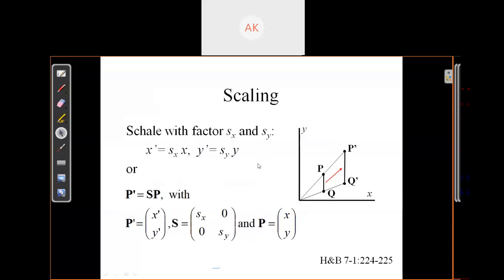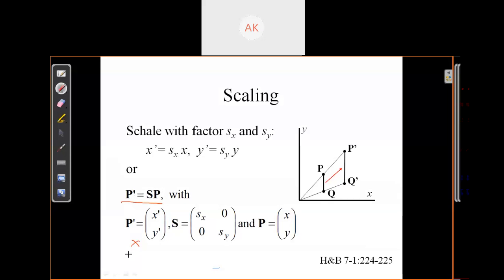So this equation we already discussed, and this is the form: P dash is the scaled object, S is the scaling parameters matrix, and P is the original coordinates of your object.